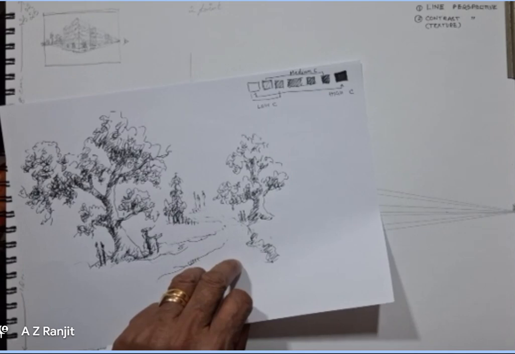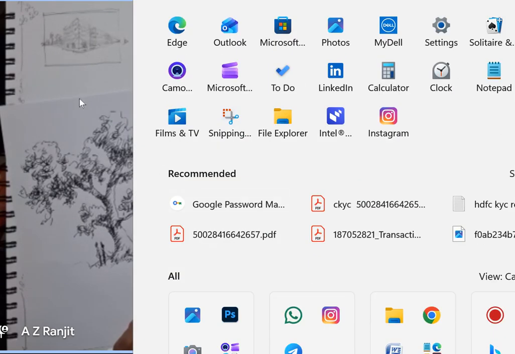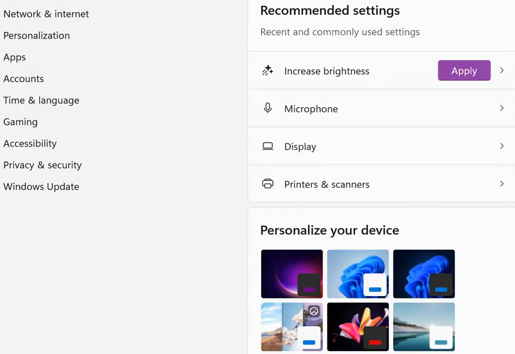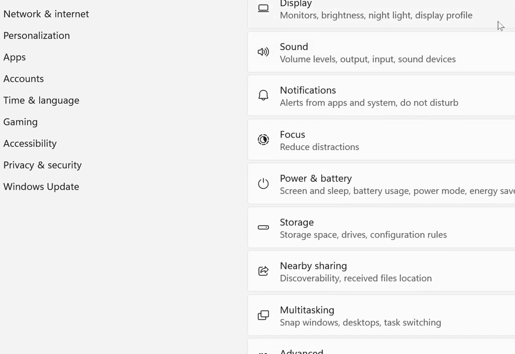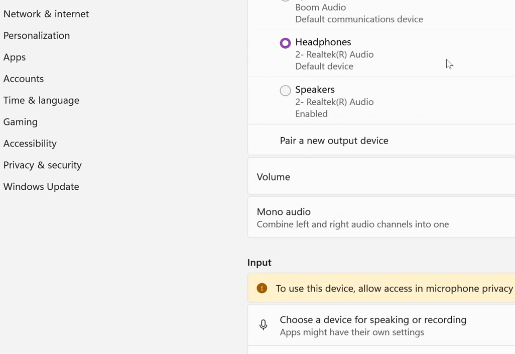I don't know why my recording is not on. So far, what I've been speaking is not being recorded. Let me go to system, sound.